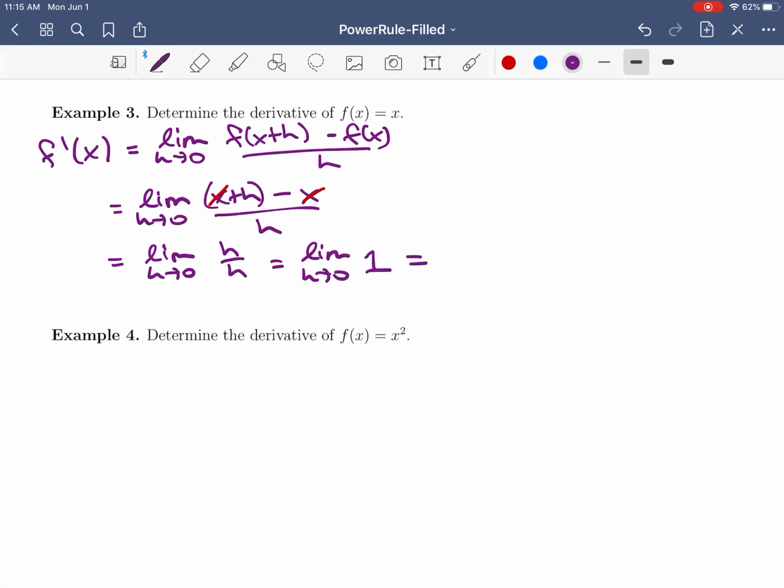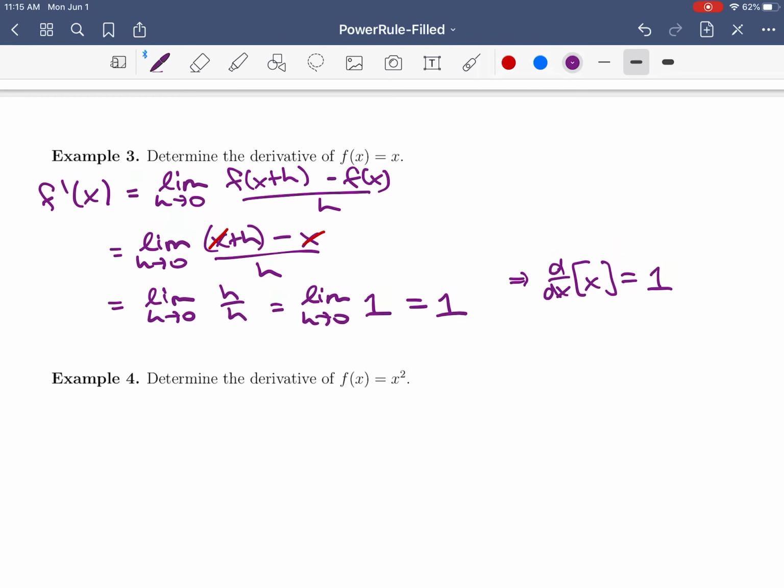And again, when we take the limit of a constant, it's just the constant. So here the derivative of x is just 1. And again, I can show you this one with a picture, without too much effort. Why does it not depend on x, you might be wondering. The graph of this function is the line y equals x, which looks like this.